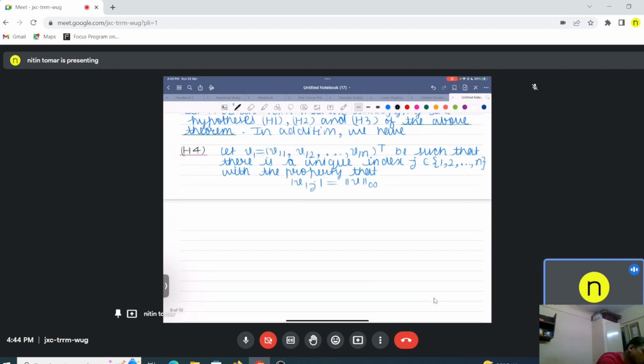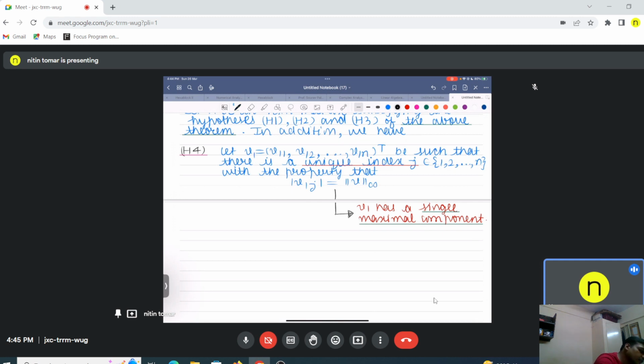So this hypothesis says that the vector V1 has a single maximal component, because we want a unique index J, okay? So for example, first hypothesis is unique dominant eigenvalue, second is diagonalizability of A, and third is the initial vector should not belong to any kernel of A^k. And the fourth: single maximal component.